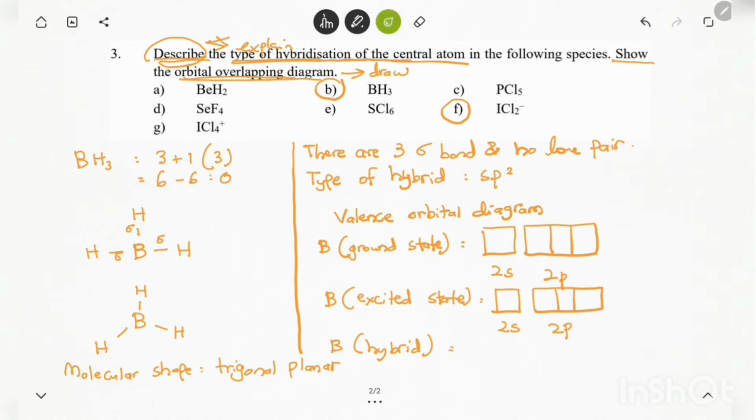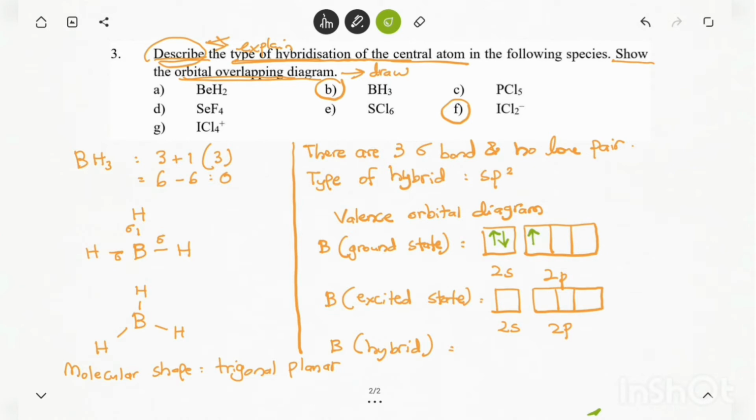Ground state for boron is 3 valence electrons, meaning we have 2 electrons in opposite direction in the 2s orbital and 1 electron in 2p. This is the ground state, the original electronic configuration for boron's valence electrons.